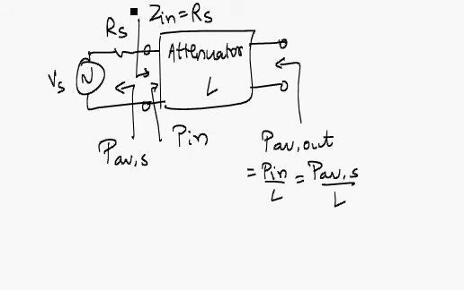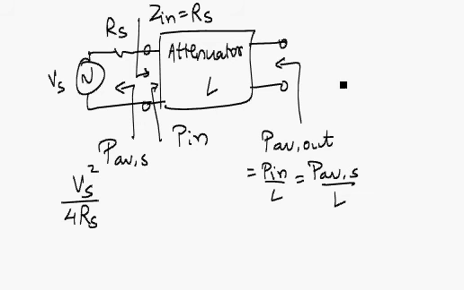Because it's conjugately matched, you see Zin equal to Rs. The power available from the source, since Vs is the RMS voltage, is Vs squared by 4Rs, and because these are matched, Pin is equal to P available of S, the maximum available power going inside the attenuator.